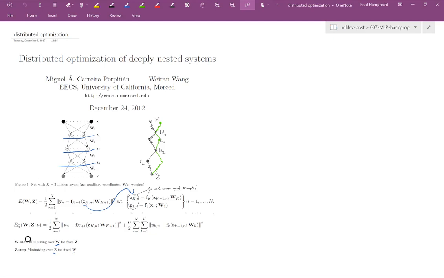Any questions for this part? Yes? If we define the Z recursively, are there any redundant computations existing in this architecture? Are there redundant computations happening? If we enforce the constraints exactly, then all of these Z's are redundant, because then my network is just a deterministic function.